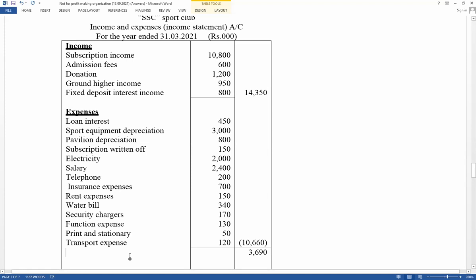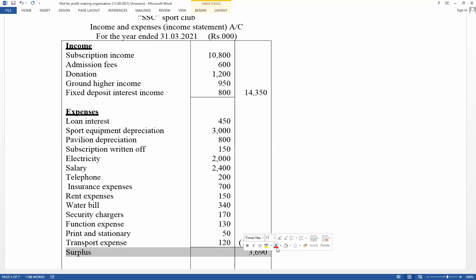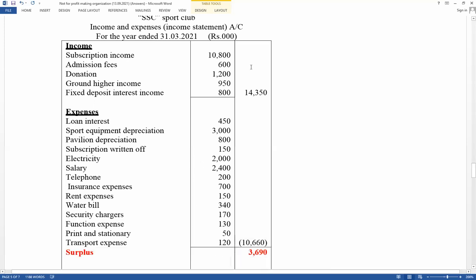For non-profit organizations, we call it surplus. Therefore, surplus equal 3,690. It should be included under accumulated fund. We call it surplus because the main purpose is not to generate profit. Income minus expense, surplus value equal 3,690.